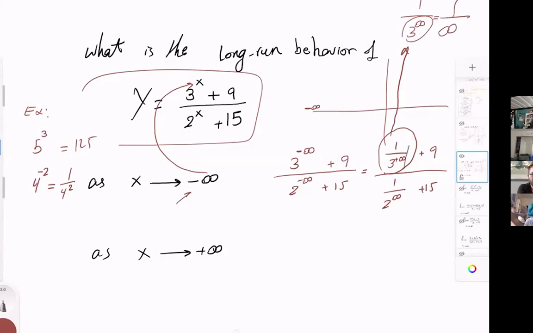So this is 0, this is 0, and we have only 9 over 15. The answer is 9 over 15, or simplified.